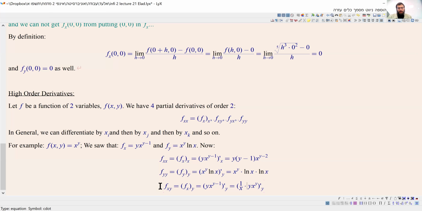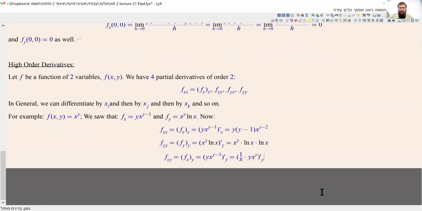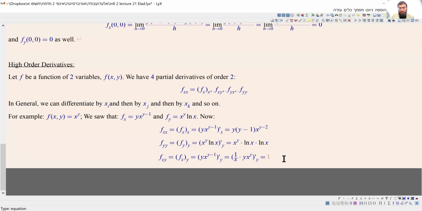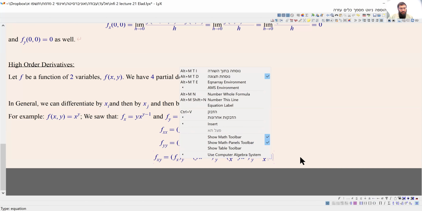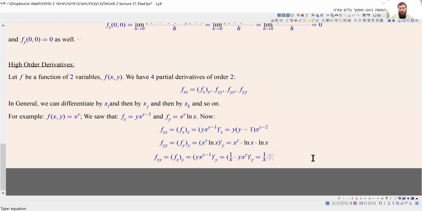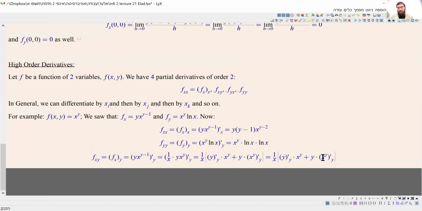And now we differentiate by y. So the 1 above x is just a constant, stays outside. And here we talk about a derivative of a multiplication product. So write down slowly. It is the derivative of y multiplied by x^y plus y multiplied by the derivative of x^y, which is 1.